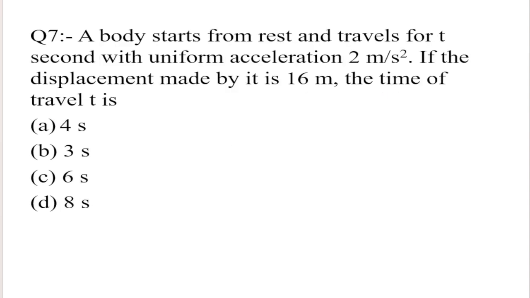Now question number 7. A body starts from rest with uniform acceleration 2 meter per second square. So initial velocity 0, acceleration 2 meter per second square.